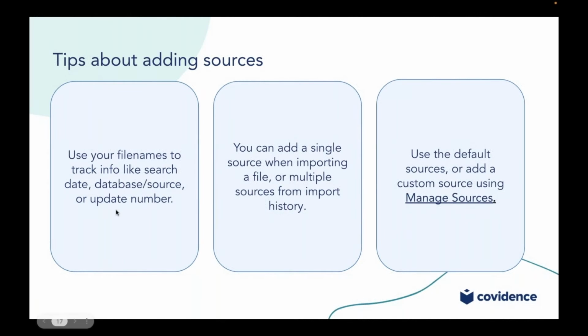You'll also be able to add a single source when importing a file, as well as multiple sources from the import history page, as we just demonstrated when using EndNote. And finally, you can use the default sources we have available, but if you do not see the source you need in this list, you can always add your custom source using the Manage Sources icon.